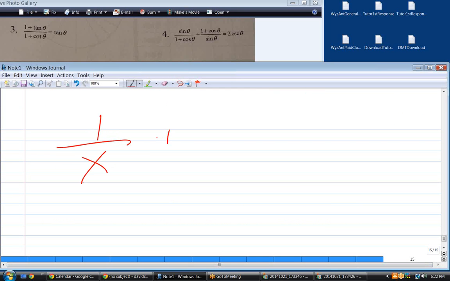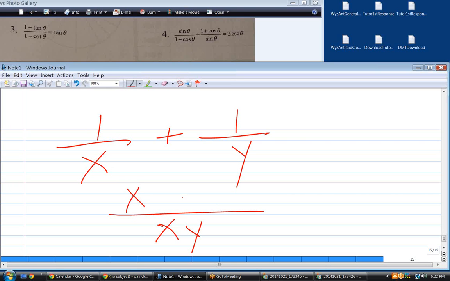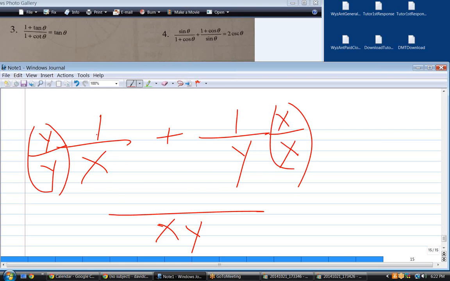1 over x plus 1 over y. Well, the common denominator is xy. To get the common denominator, I've got to multiply this by y over y, and I've got to multiply this by x over x, right? So that's really the way to look at it, and then you end up with y in the numerator, and x in the numerator over there.